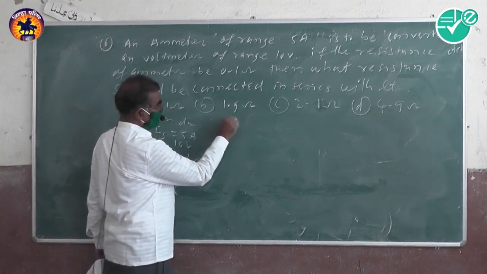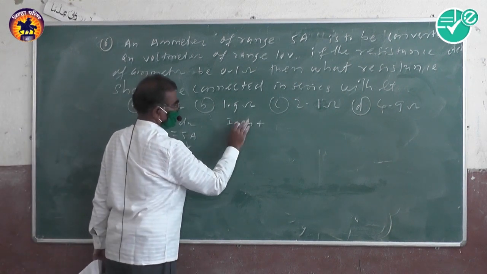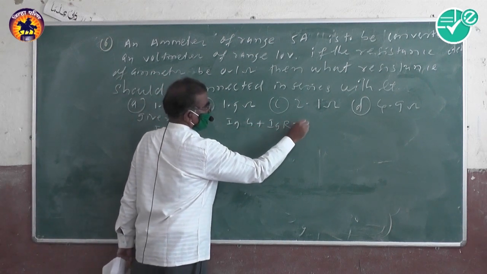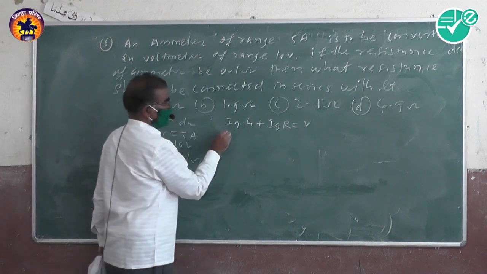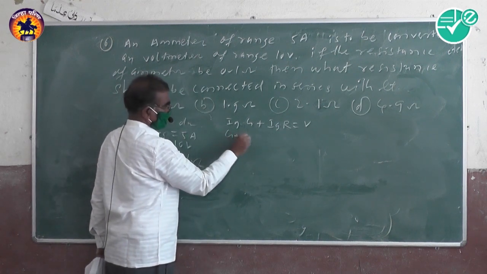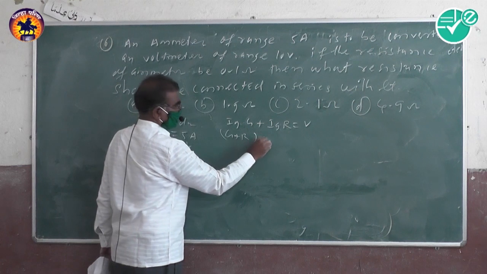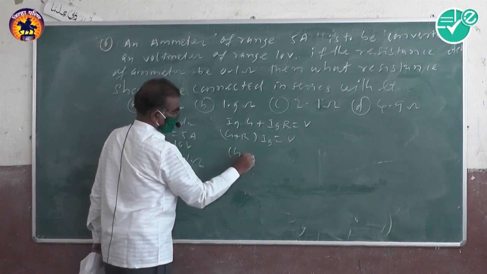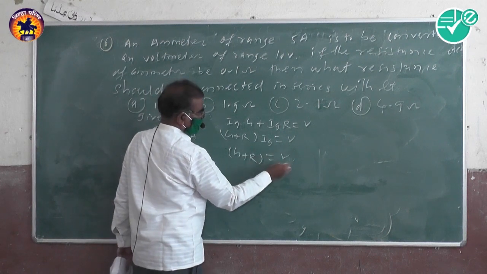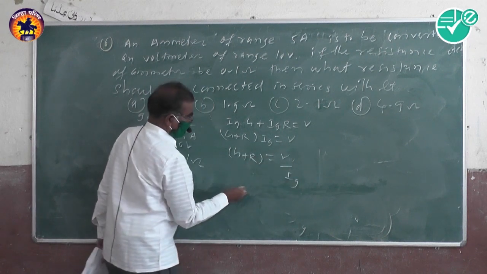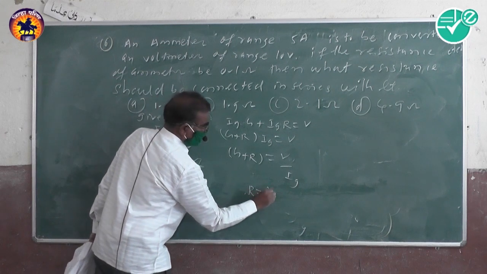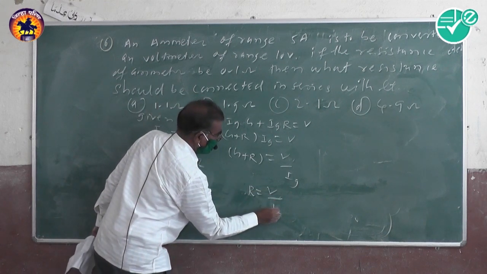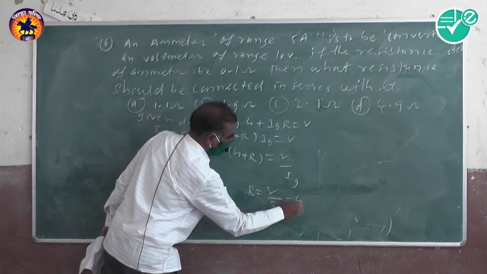We know that Ig into G plus Ig into R equal to V, or G plus R equal to V by Ig, or R equal to V by Ig minus G.